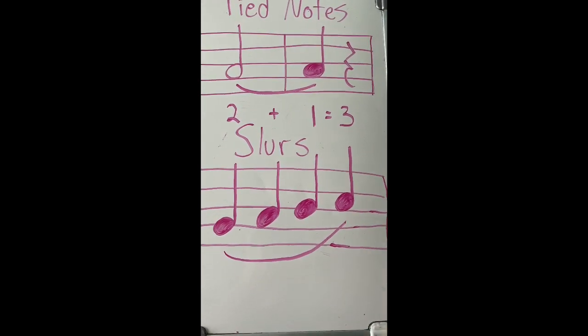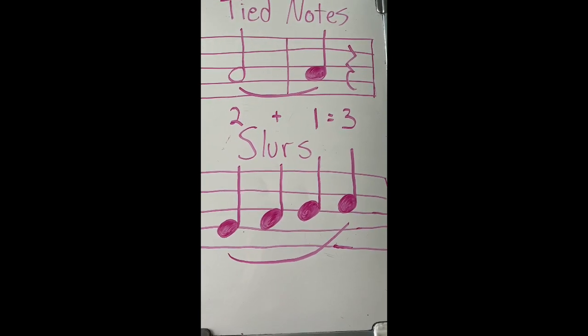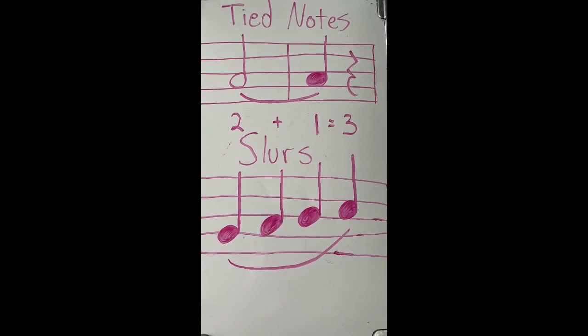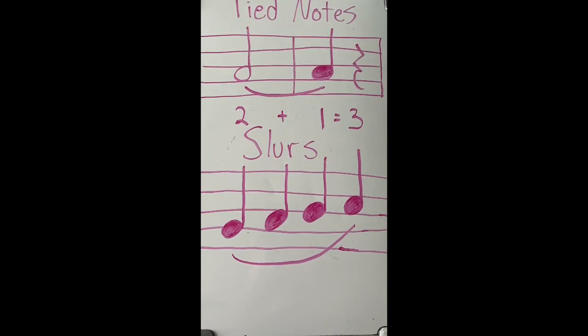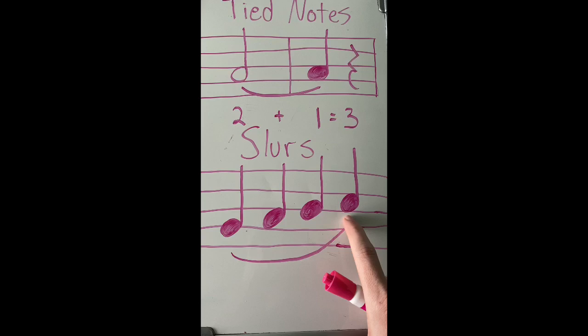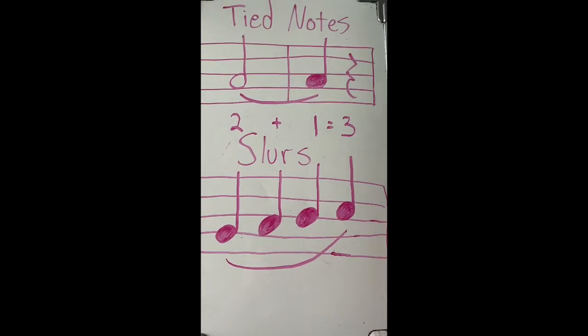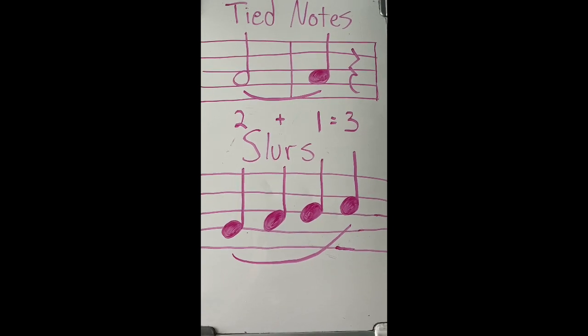With a slur, we try to play as smoothly as we can. Now, I bet you can guess which of these two notes is the hardest to slur between. That's right, B and C, because we have to do a little bit of a finger flip-flop in order to make that happen.